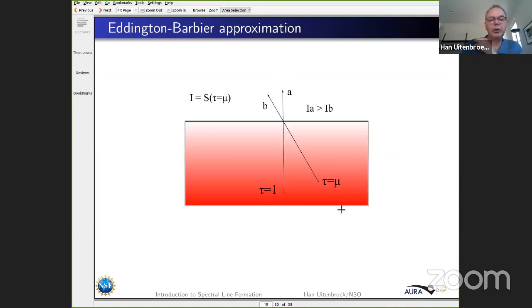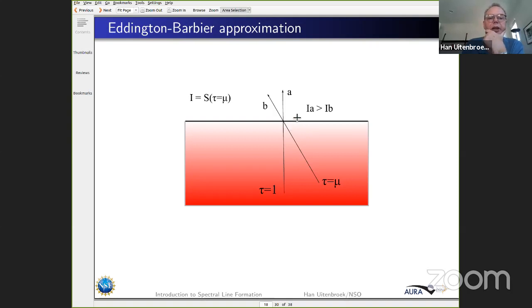This is now shown in a graph here. This is now an atmosphere. You can take the color, for instance, as the variation of temperature, and with that through the Planck function as the variation of the source function, where the temperature is higher when it's deep and lower when you're at higher layers.